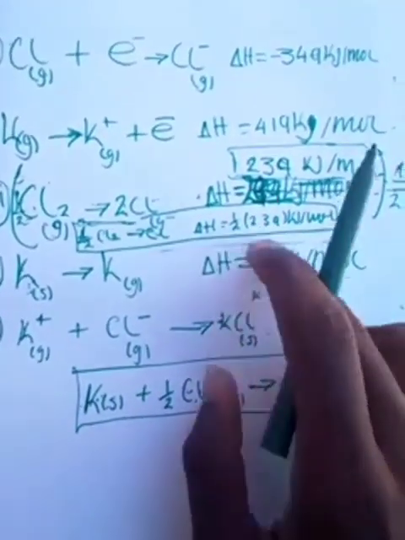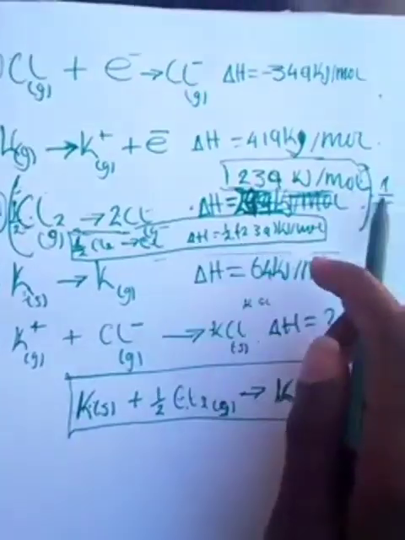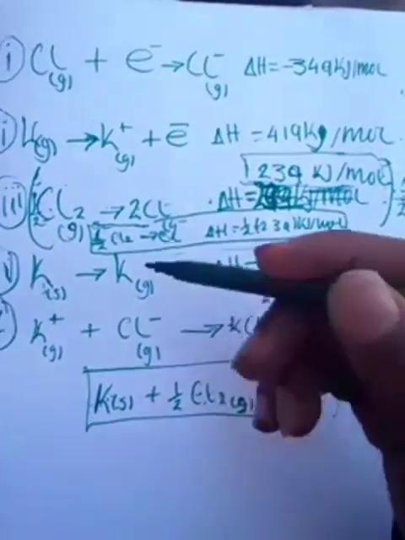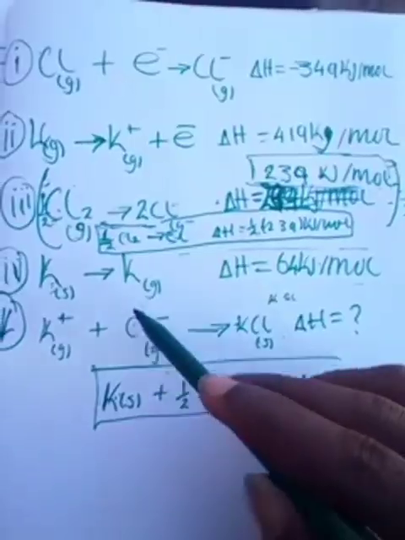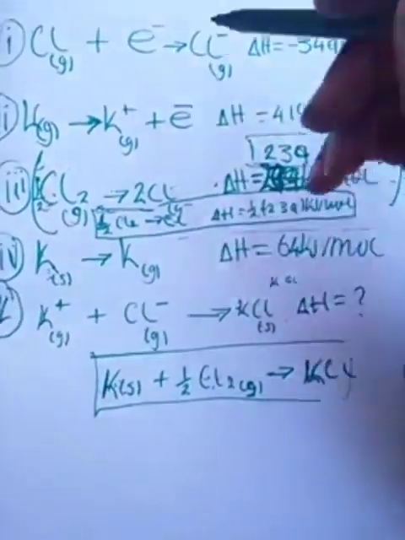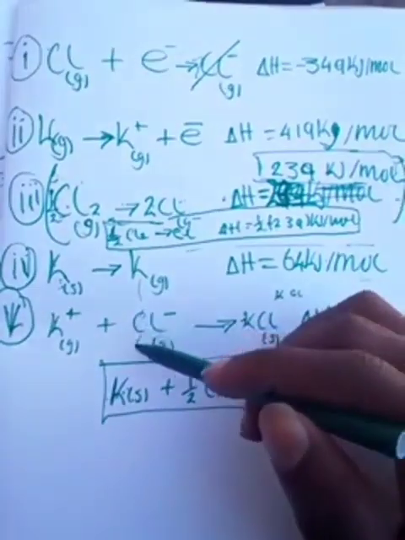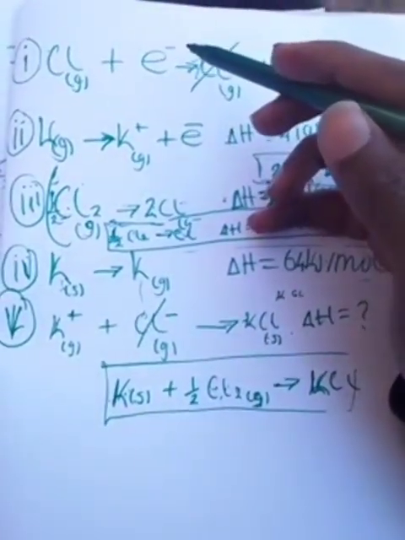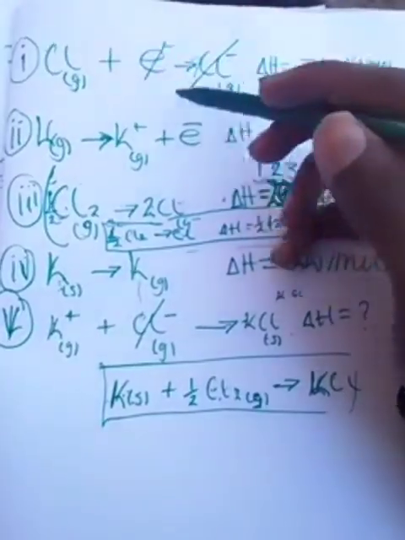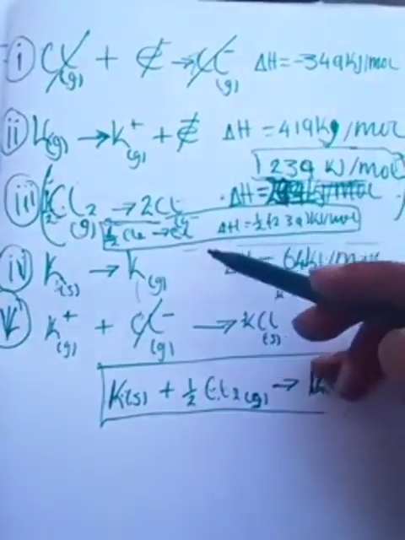So when we start summing up the energies, I'm going to consider this one, not this one, because I've multiplied by 1 over 2. If you try to observe, let's say we sum up these equations. This Cl is going to cancel with this one, right? And this will be cancelled out with this one.